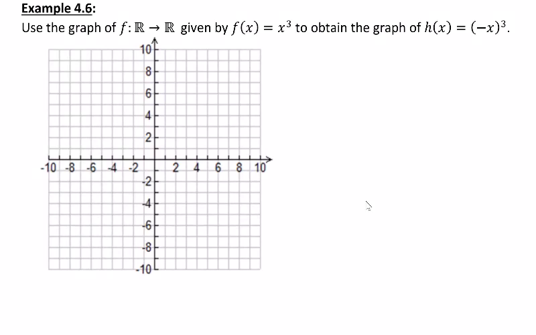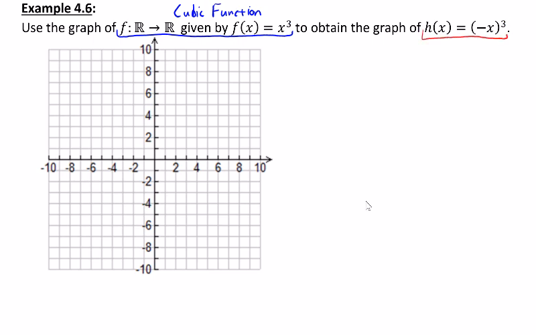In example 4.6, it says use the graph of f, and f is defined for us as the cubic function, and we're supposed to use that to obtain the graph of h of x.